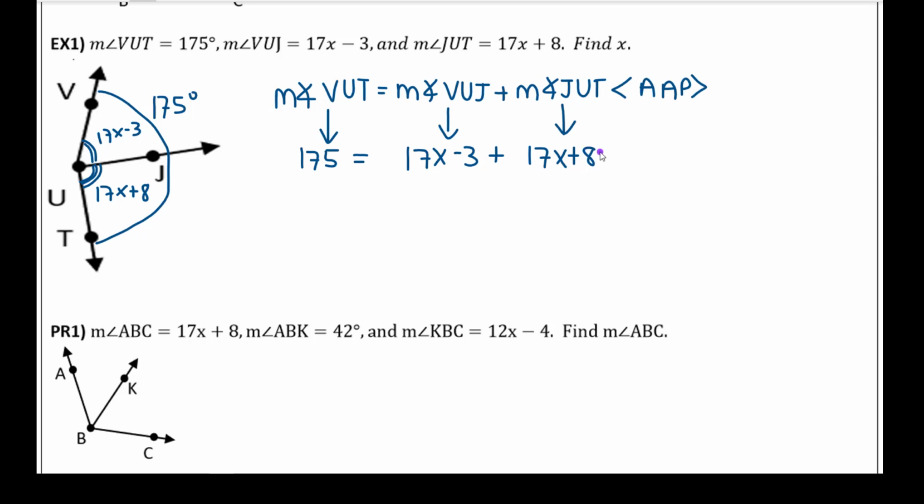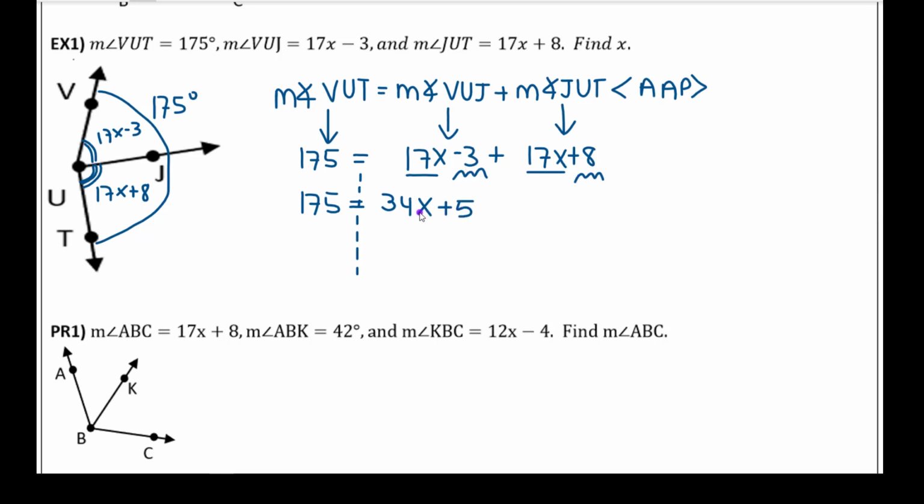But we don't have any parentheses here, so let's go to the second step, which is combine like terms. On the right side, I can combine 17 with 17, and negative 3 I can combine with 8. On the left side, 175, all I can do is bring it down. And 17 plus 17 is 34x. And negative 3 plus 8 is positive 5.